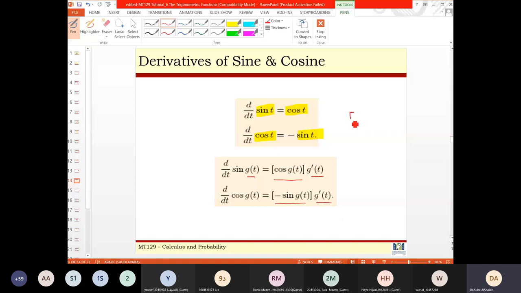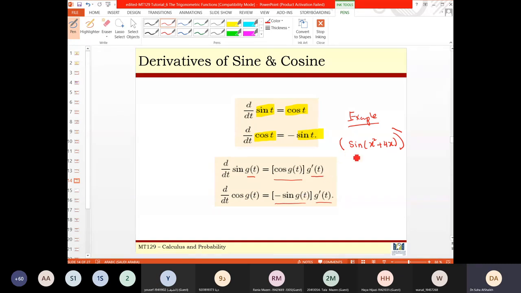Let me give you an example. If I say find me the derivative of sine of x squared plus 4x, it's not just sine, it's a sine of x squared plus 4x. According to the rule, the derivative of the function times the derivative of what is inside the function, right? Isn't this what we are doing?